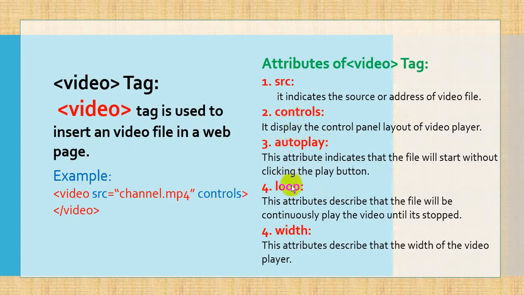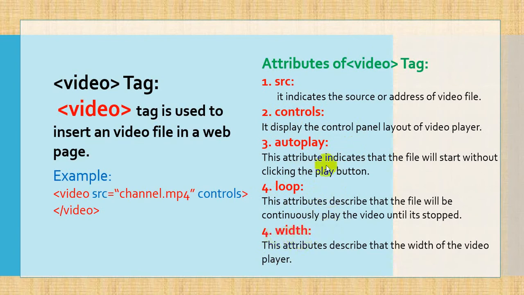Then we have some more attributes, like width, height, and poster. Width and height: in the audio tag we will just get the sound, the voice. But video is the combination of audio as well as pictures, a collection of pictures. In audio you get only sound or voice, but in video you get a frame, and by using that frame your video will play, your picture will move.